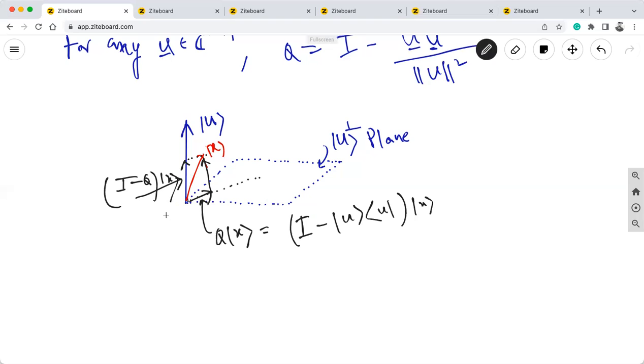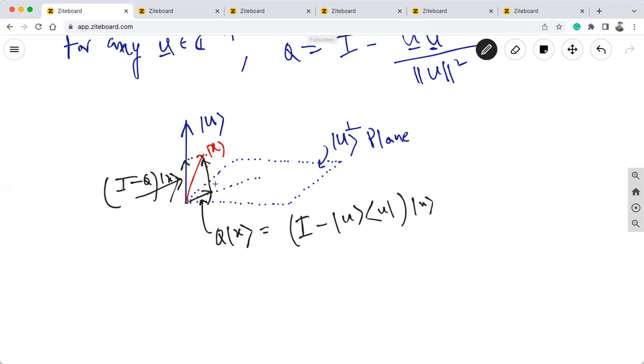Basically, the word elementary in elementary orthogonal projector means you are taking a unit norm vector u, typically a quantum state vector. If that is the case, then there is some orthogonal plane which is perpendicular to this u, and there is some arbitrary vector x. You can always represent the arbitrary vector on the u perp plane as well as along u.